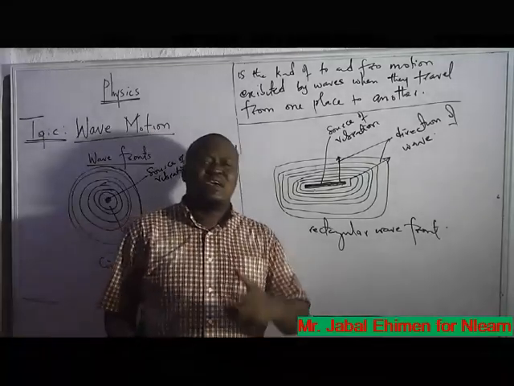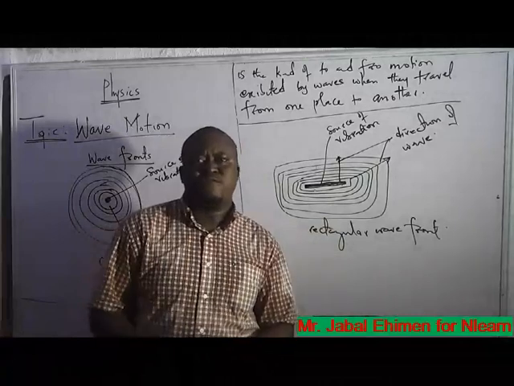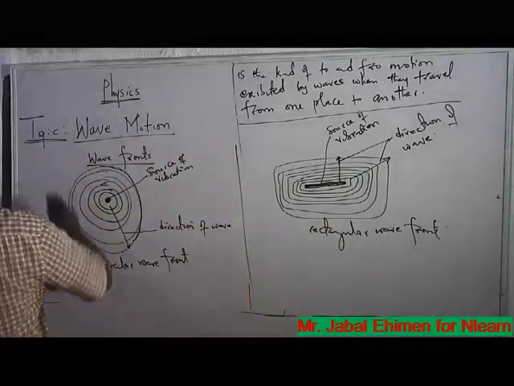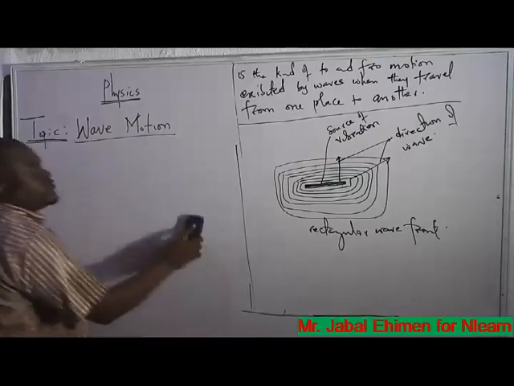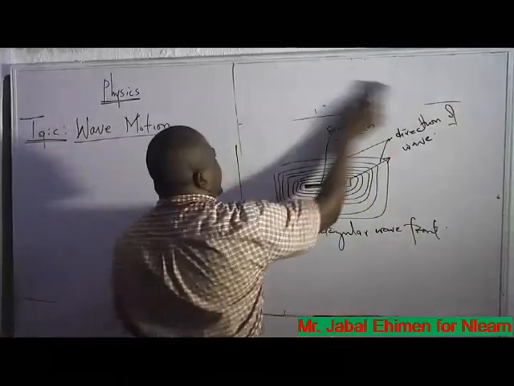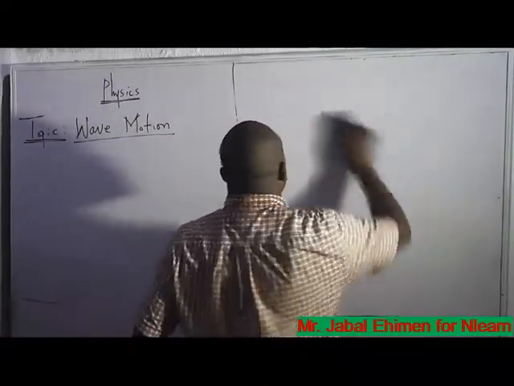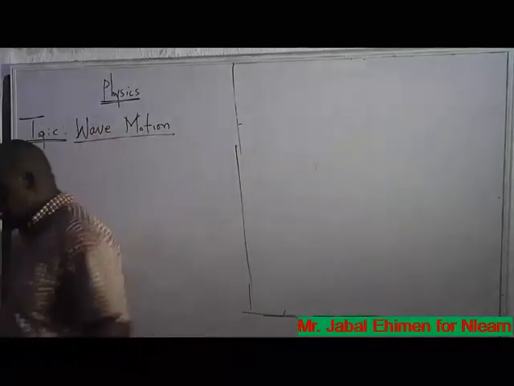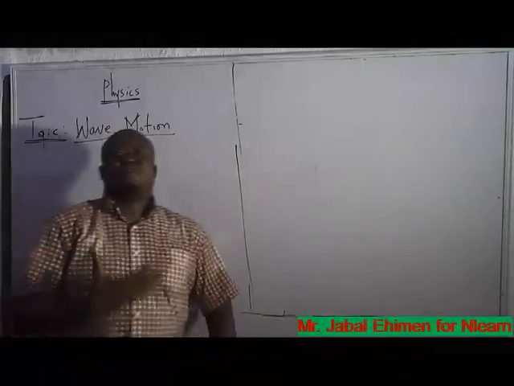We want to talk about terms used to describe wave motion. Let's see those terms. For example, when you talk about humans, how do you describe somebody when you see that person? You look at the person and say, he has a long neck, probably like that of a giraffe.